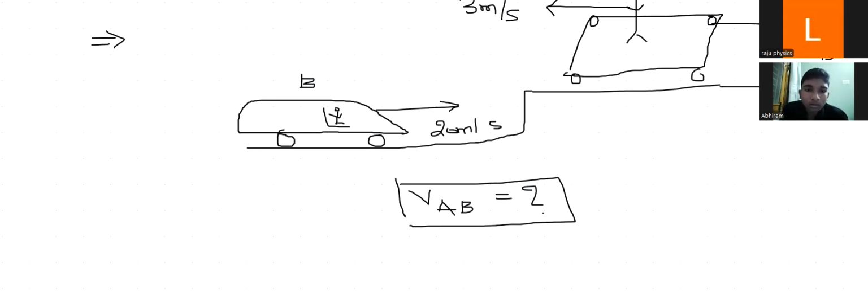Both two velocities are adding, VA plus VB. Yes, VA plus VB. But here, listen very carefully. Which velocity is higher?